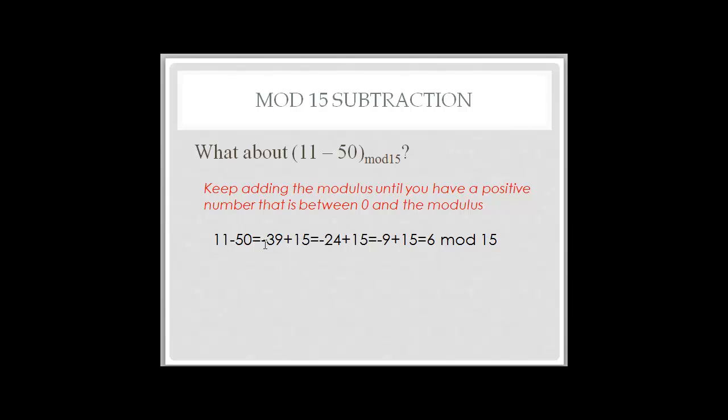Minus 39 plus 15 puts us at minus 24. We're still in the negative, so we add another 15. That puts us at minus 9. We're still in the negative. Add another 15, and that puts us in the positive. So 6 is our answer in mod 15. So 11 minus 50 in mod 15 is 6.